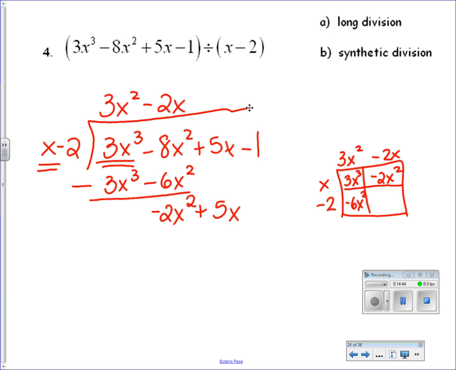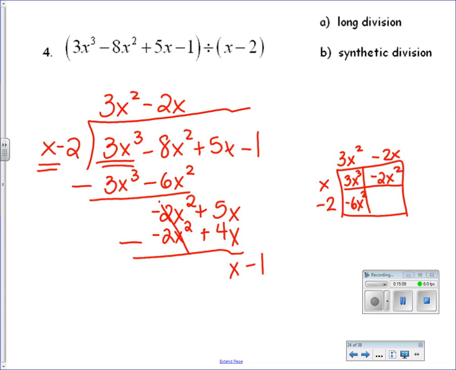Because negative 2x times x would be negative 2x squared. So multiply down, we'll get negative 2x squared plus 4x. Again, we're going to subtract. Our x squareds are going to drop. And then what's 5x minus 4x? 1x. Bring down the minus 1 that Paloma talked about before.